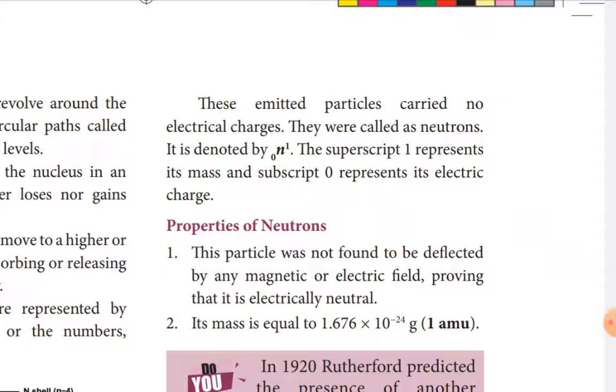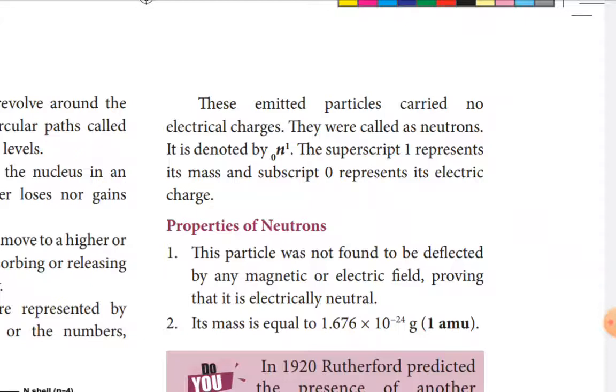They were called neutrons, denoted by n with subscript 0 and superscript 1. The 0 means no charge, and the 1 represents the mass number, having mass 1 but no charge.